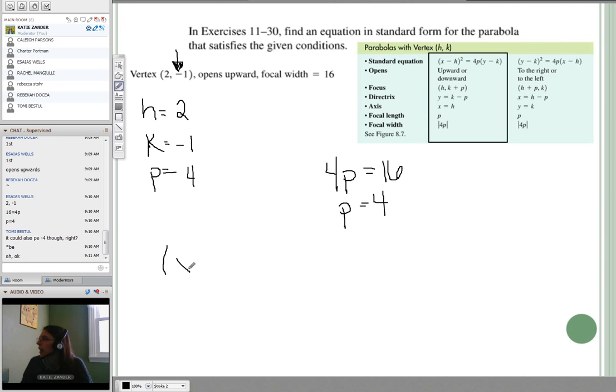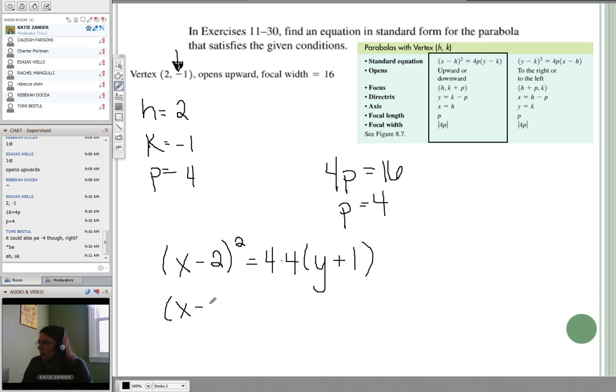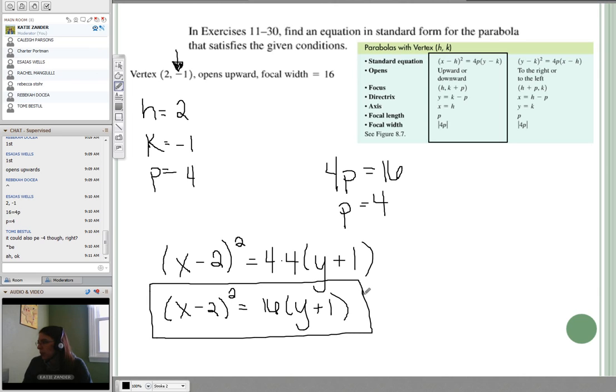So we're going to do (x minus h) squared equals 4 times 4 times (y minus k). k is -1, so minus a -1 turns into a plus there. So I'm just going to multiply that 4 times 4 together to get this equation.